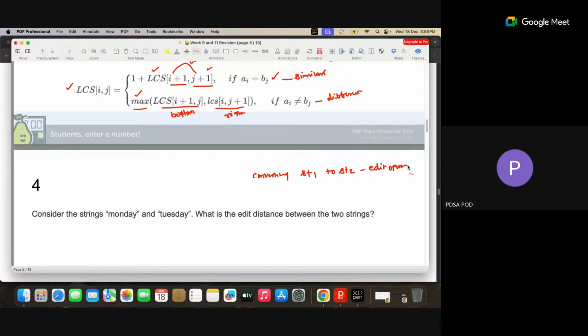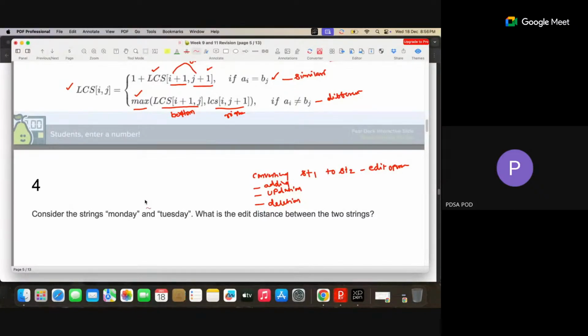The edit operations include updating values, deletion, and addition of characters. So how many characters you need to add, how many updates you need to do, how many deletions. These three operations are called edit operations. That is the edit distance to convert the first string to the second string.